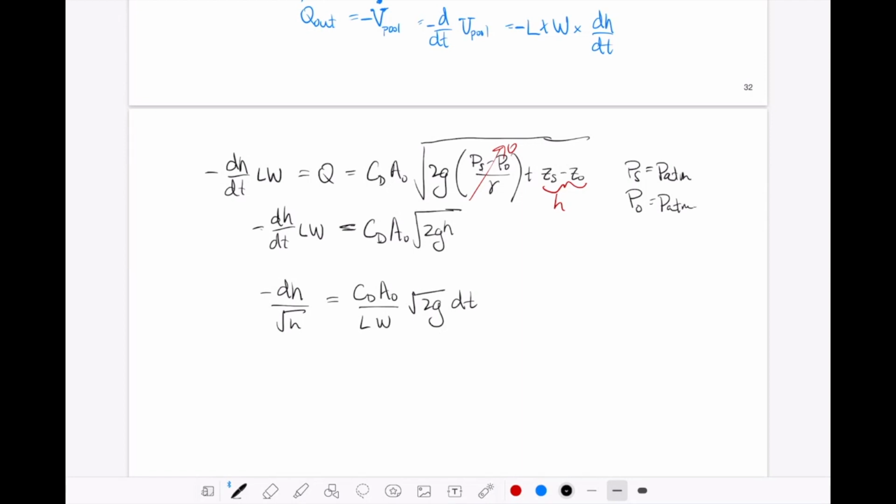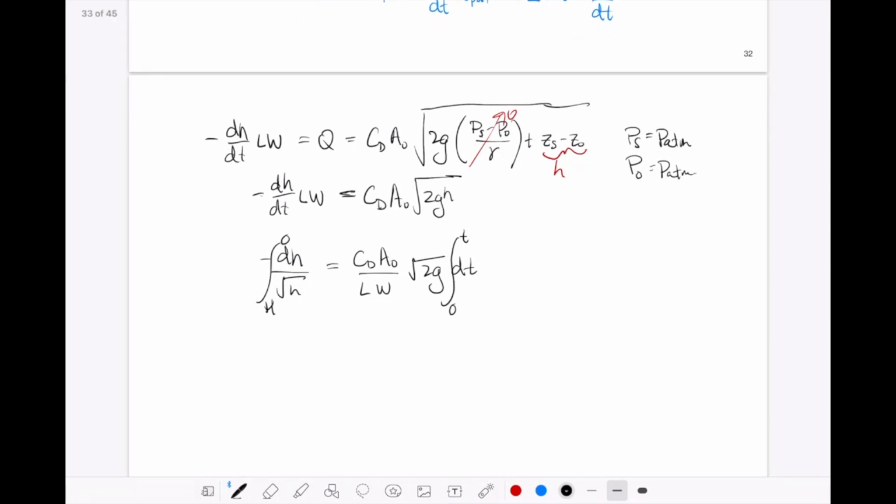So if we integrate the left and right-hand side, we're going from a height of h to a height of 0, because we're draining the pool. And all of these terms on the right are constant, so we can integrate just the last term, 0 to t.